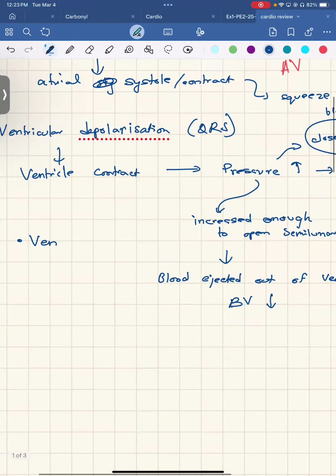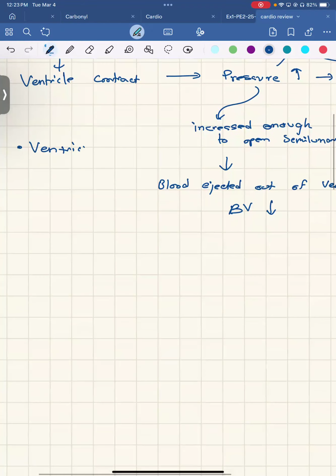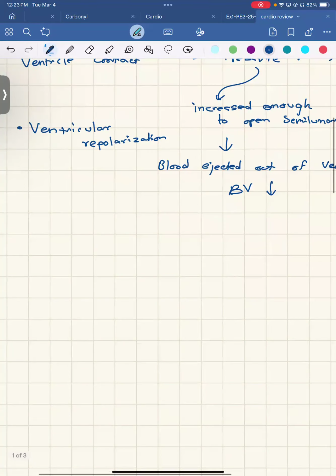Yeah, that happened already. So now the ventricle would repolarize. Ventricular repolarization. That's your T wave, right?